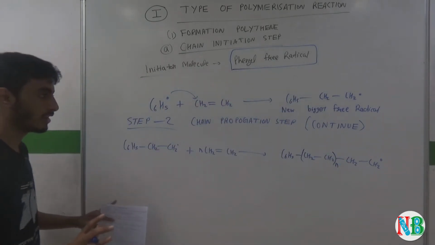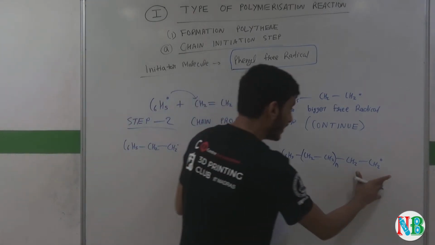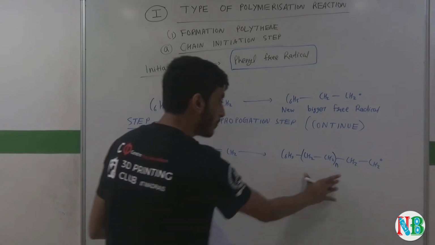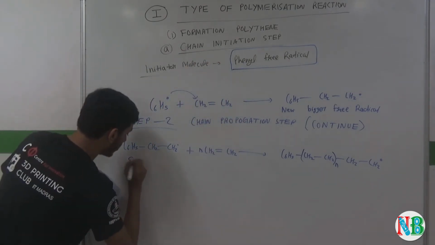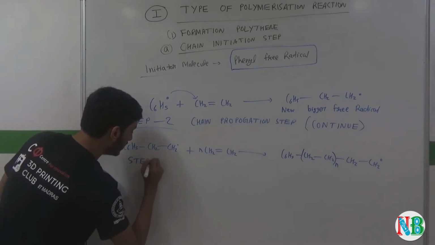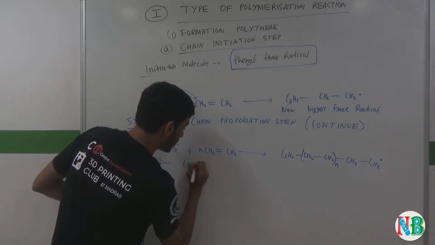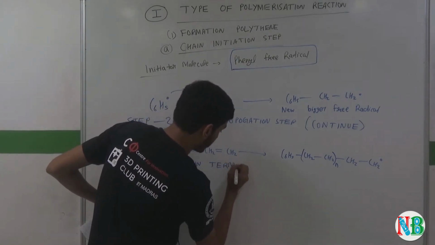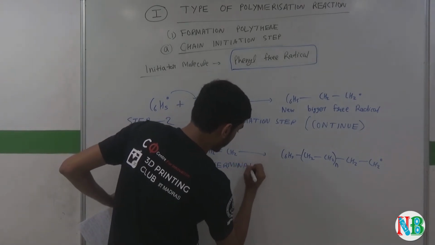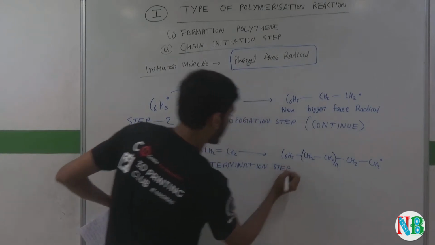Cool. Now ultimately you have to end the reaction, you have to stop the reaction somehow. So how to do that? So the third one is step 3, which is the chain termination step.